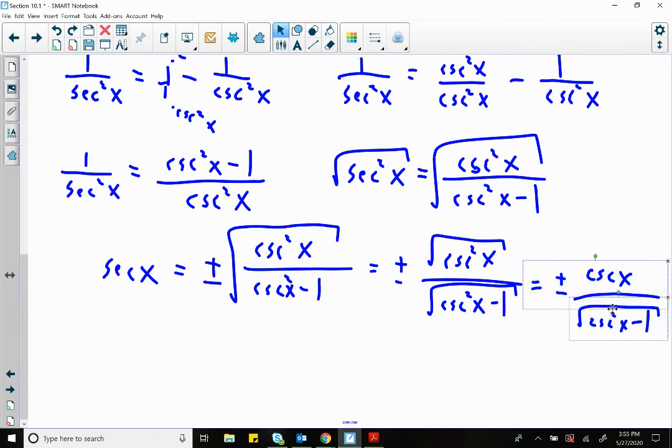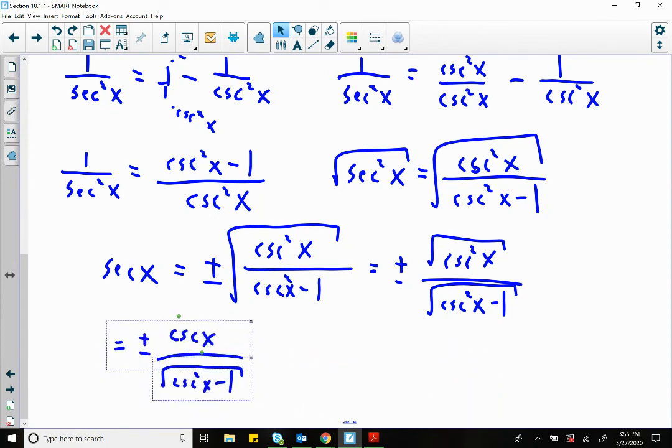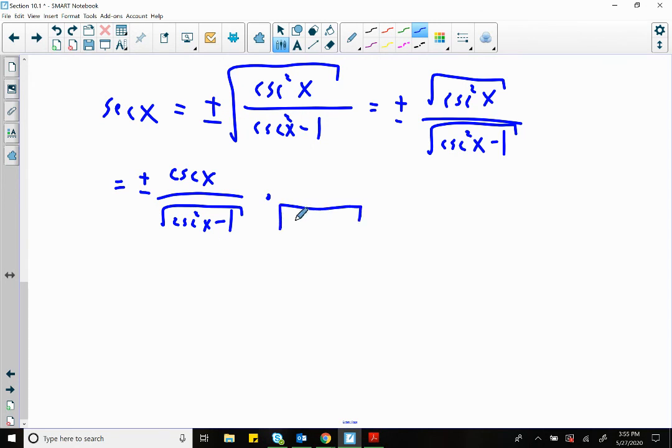So let me grab this stuff right there and move it down here. So remember rationalizing, we've been talking about it. You did some of it in chapter 9. But just to refresh your memory, to rationalize, you multiply top and bottom by whatever radical's in the denominator. So my radical down there is the square root of cosecant squared x minus 1, and the square root of cosecant squared x minus 1.